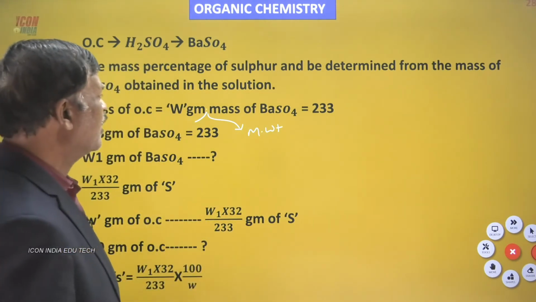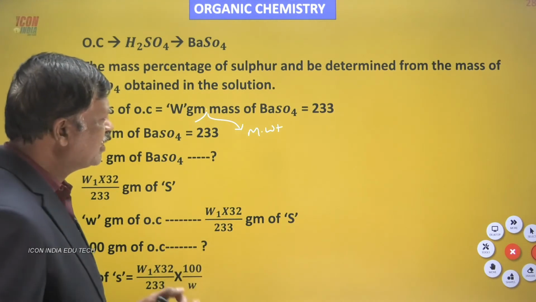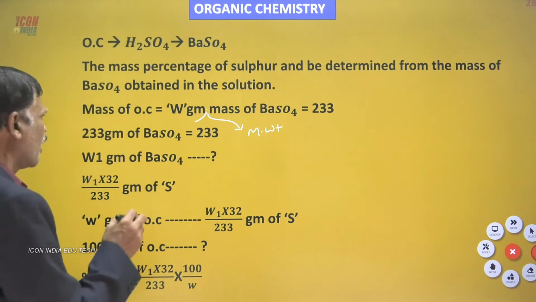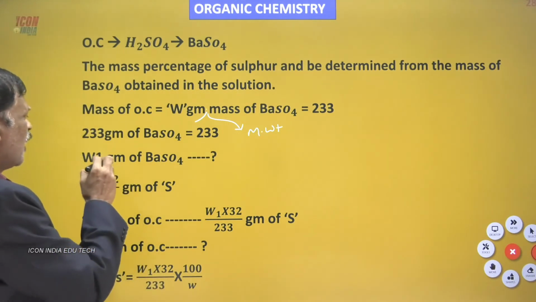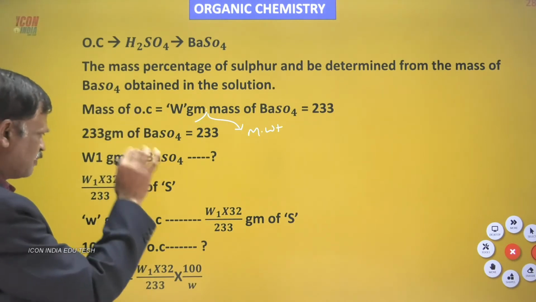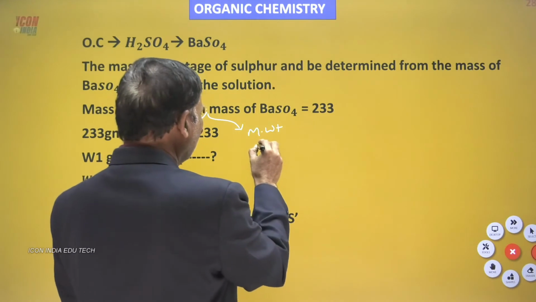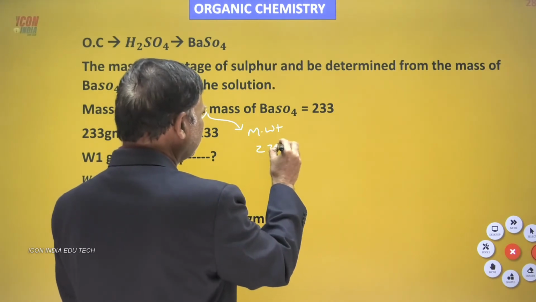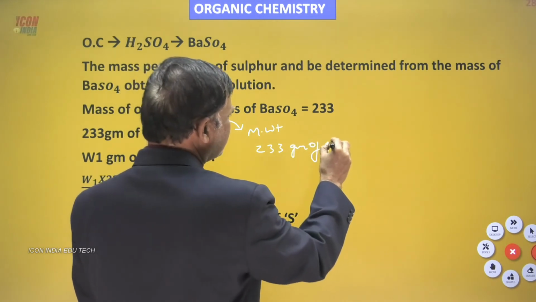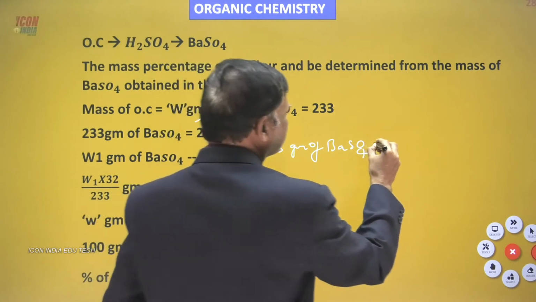In the 233 grams of barium sulfate, how much sulfur is present? It is just one sulfur, so 32 grams. So here you write clearly: 233 grams of barium sulfate contains 32 grams of sulfur.